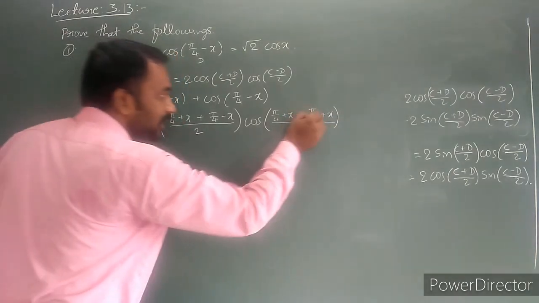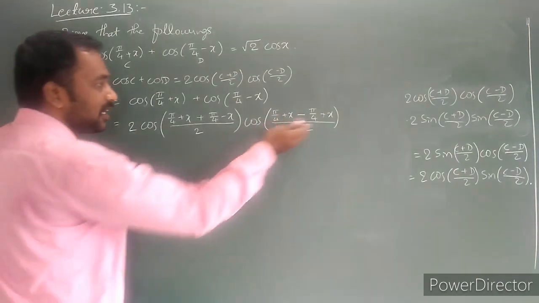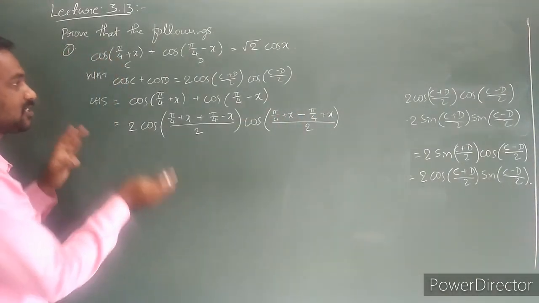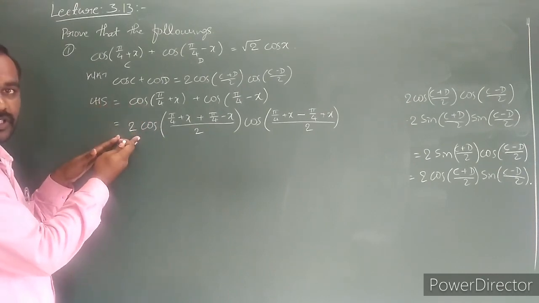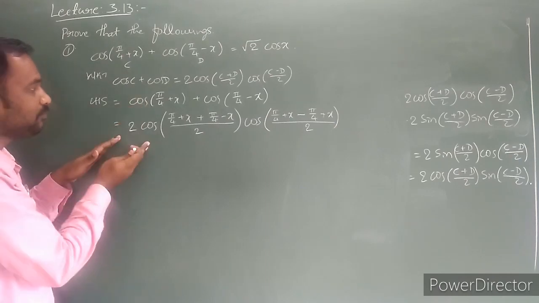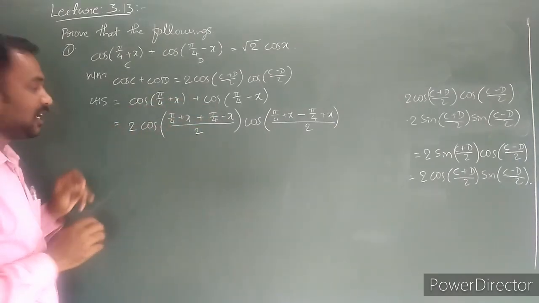I'm not going to write the brackets; it is not necessary, you are capable. Check it and compare it from this step to this step, letter to letter, one by one. You can easily understand it.